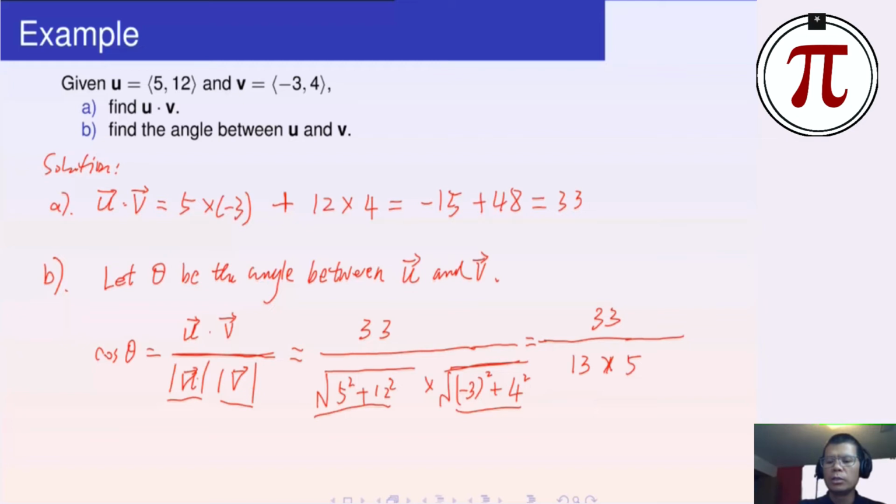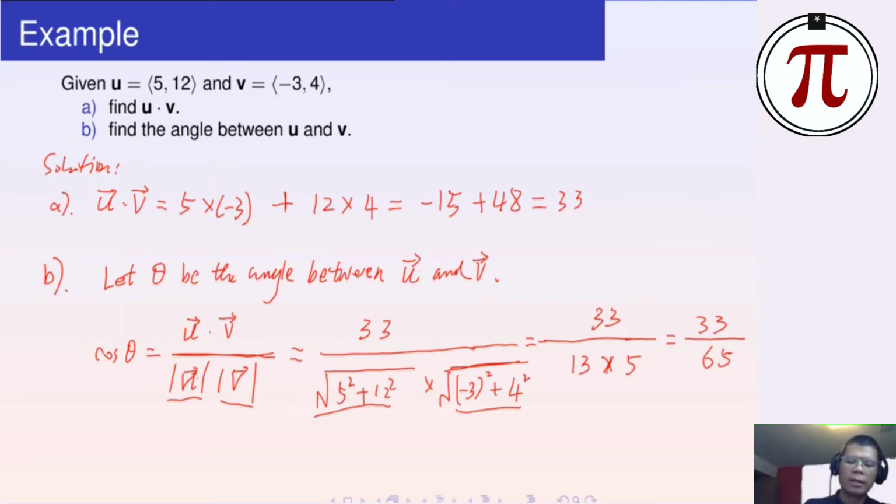So you find that this equals 33 over 65. So that is the cosine of the angle between these two vectors.